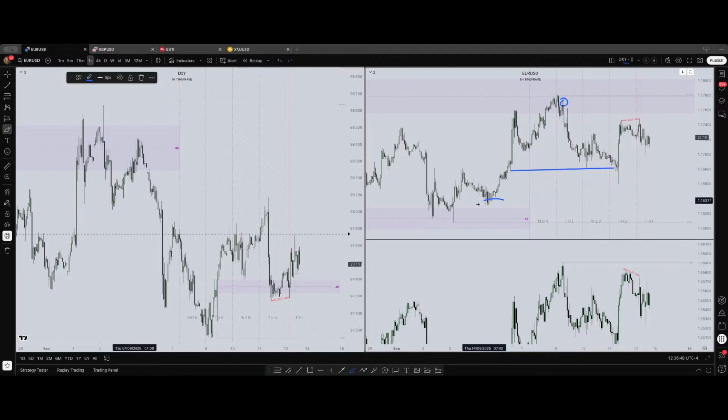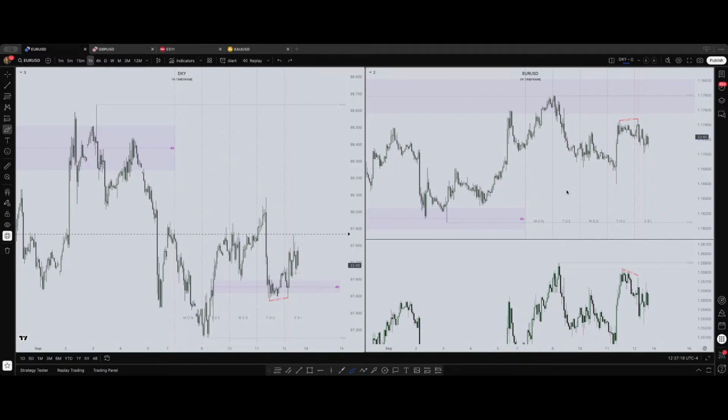I was aiming for these targets, and then price just went up, so I closed the position. Still in some profit. And now, because this is SMT divergence with dollar and GBP/USD, I took a short position also. But I don't like this. This is high resistance liquidity run, and it's a very annoying condition.